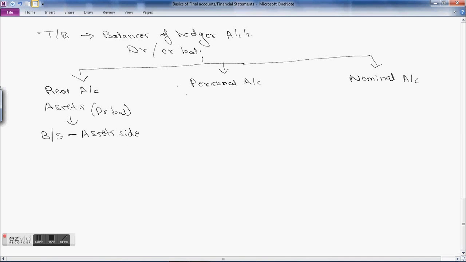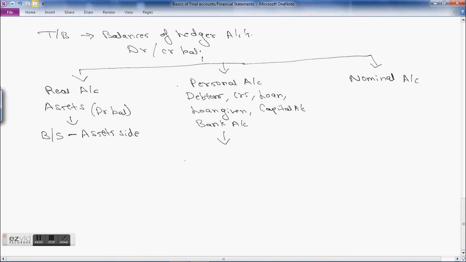Then personal account means what? It will be your representative personal accounts, that is your debtors, creditors, loan given, then your capital account, then your bank account. All these are personal accounts.